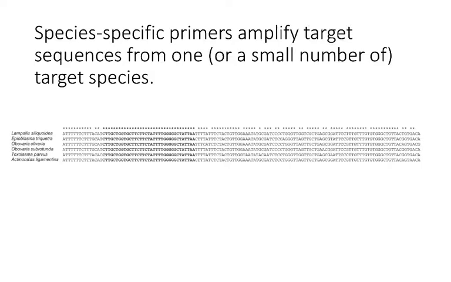So here what I'm showing is an alignment of DNA sequences from 5 different freshwater mussel species. And in bold here, I'll use blue. This is a region of that gene that is conserved. It means it's the same for all of those species. So this is where we would design a universal primer.